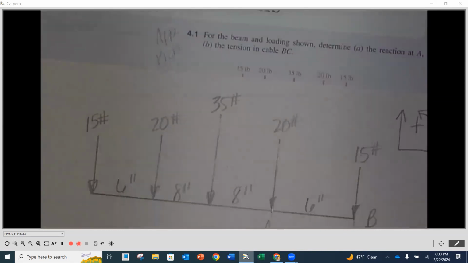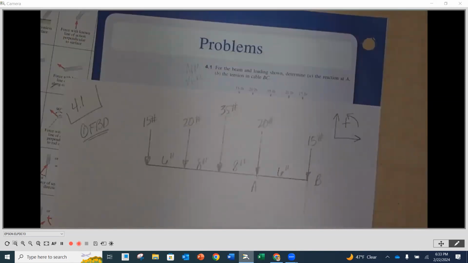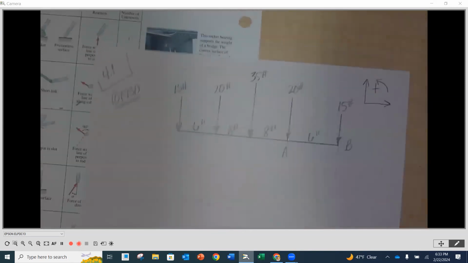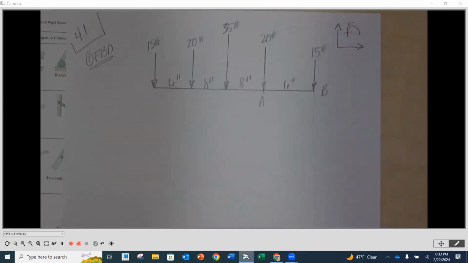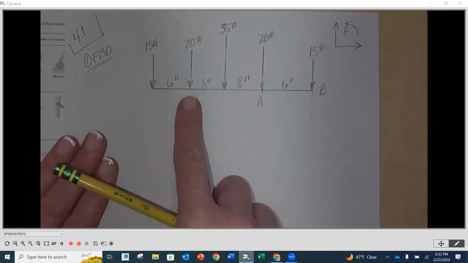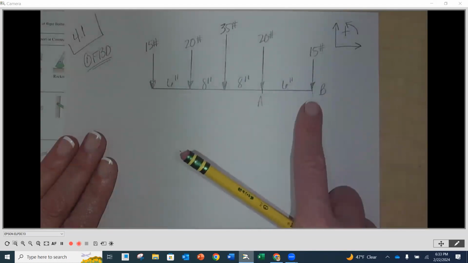So I'll put mine underneath here and you can compare. Right now I'm not completely done yet, but as you can see, we've got all of the known forces, distances, and points along the length of that beam. So we've got our 15, 20, 35, 20, and 15.